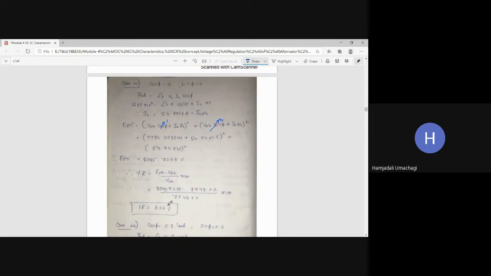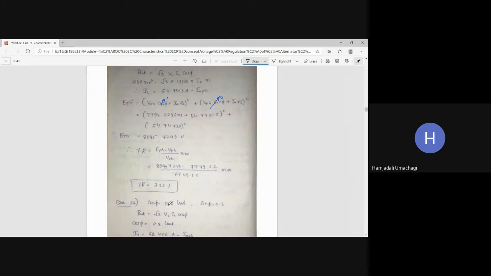It's 3.8, okay. 3.82. Because it all depends upon how many digits you consider after the decimal point. Based on that, you have some variations in your answer. Here, the percentage regulation R value is 3.82. Check all of you are getting this answer. Yes, sir, 3.82 only, sir. That much is okay. Okay, fine. So this is the second case, voltage regulation connected with resistive load. Then we'll move to case 3. What is case 3?